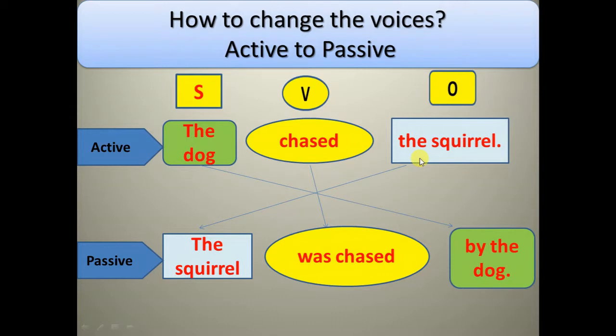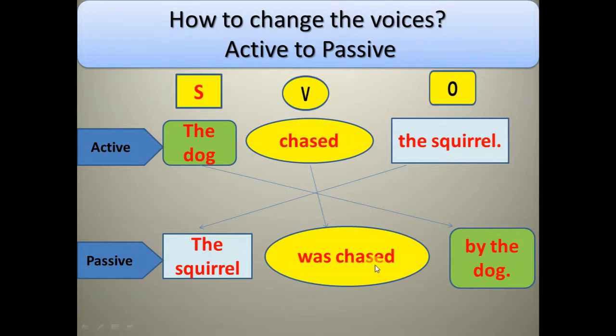Now we take the squirrel and put it in the beginning of the passive voice, and it becomes a subject of the passive voice. Then, as I told you before, the verb chased is in the past simple, so we take the verb be in the past simple, which is was, and we only repeat this verb because it's regular.